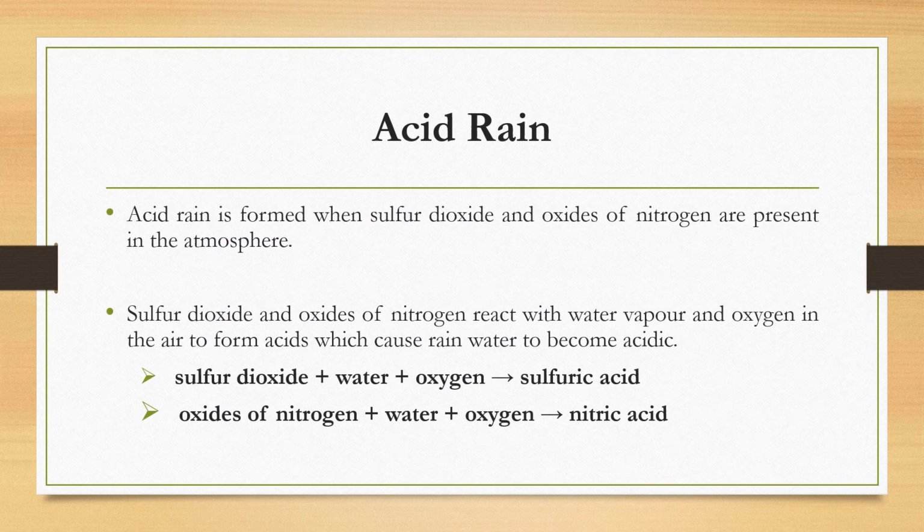Acid rain is formed when sulfur dioxide and oxides of nitrogen are present in the atmosphere. They react with water vapor and oxygen in the air to form acids which cause rainwater to become acidic.